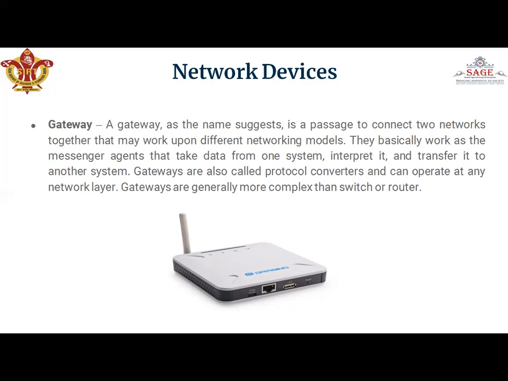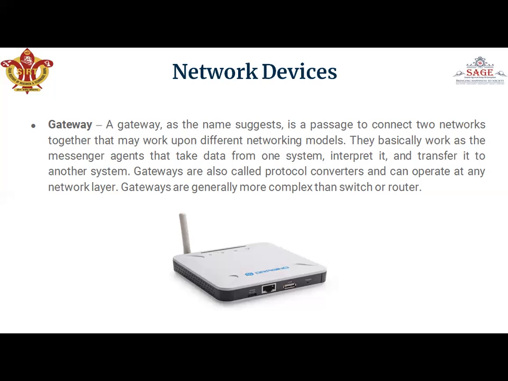Means why do we use a gateway? A gateway is used to connect two different networks together that may work on different networking models. This is also an inter-networking device, but its function is different from the router. They basically work as a messenger agent. They take the data from one system, interpret it, means translate it, and transfer it to another system.